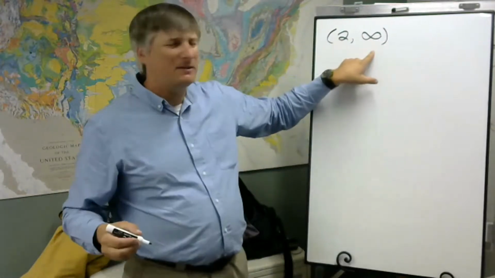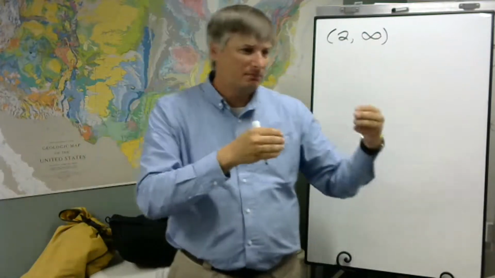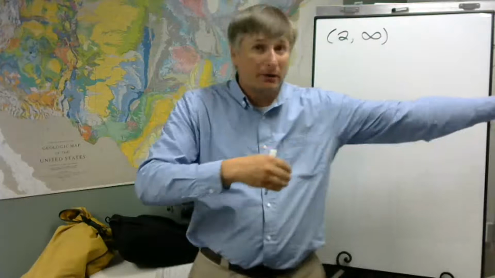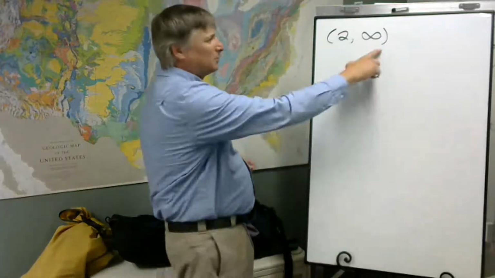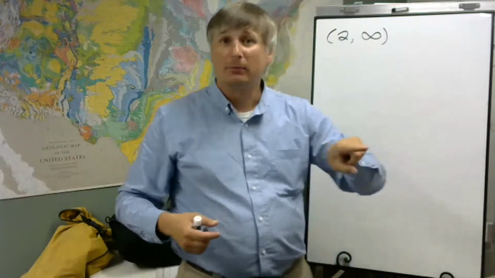We're not including infinity. Now, what that means is that when we don't include infinity, it doesn't mean we're going to refuse to keep on going. We're still going to go on and on forever. You never actually get to infinity. You're just going to keep going, going, and going. So we always exclude it, but really we're still saying keep on going down in that direction of that number line.